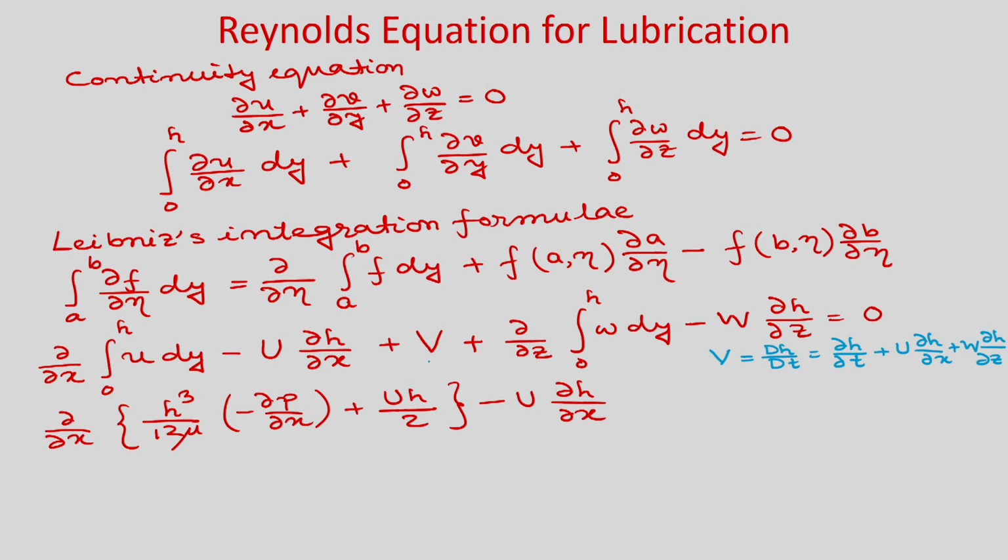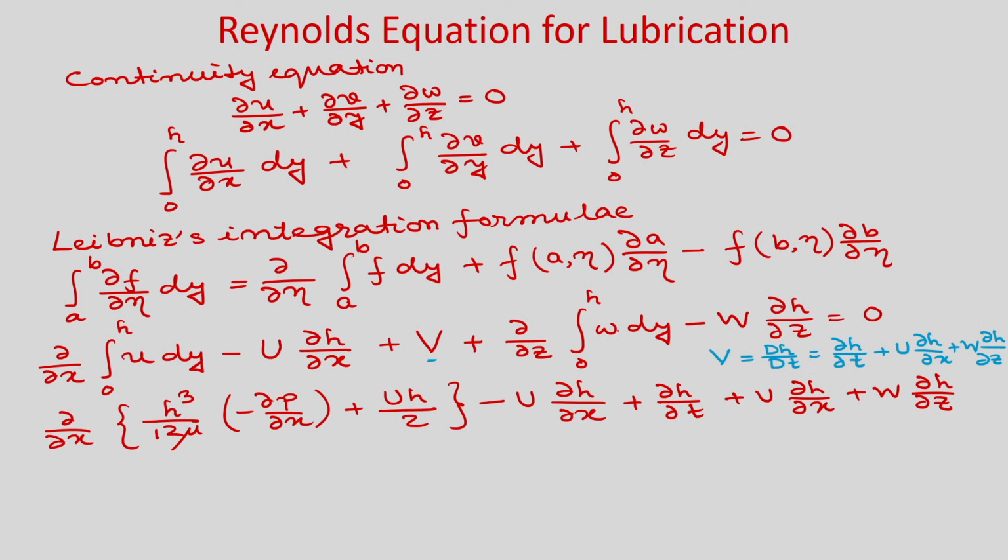So, this velocity V, now we will write as plus del h by del t plus u del h by del x plus w del h by del z.